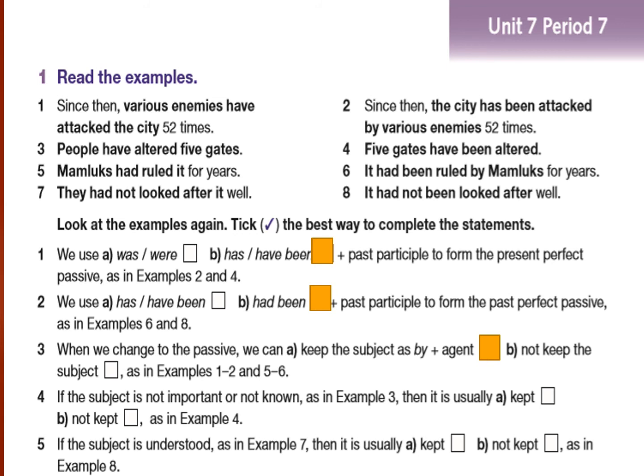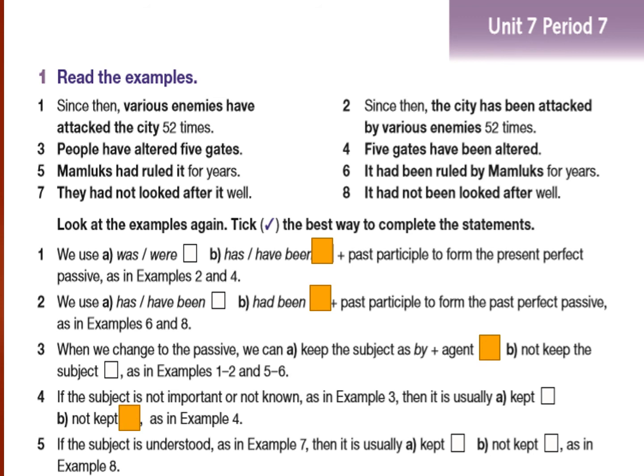Number 4: if the subject is not important or not known, as in example 3, then it is usually not kept. As in example 4, look at example 4. Yes, it is not kept.